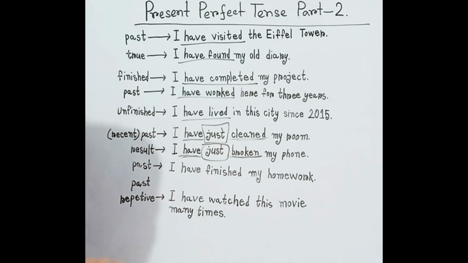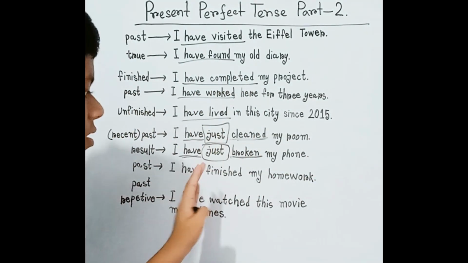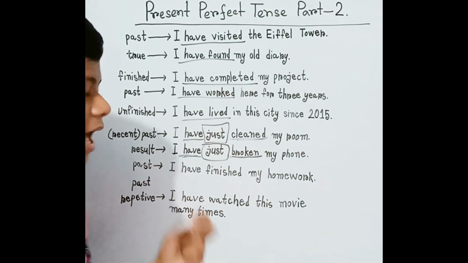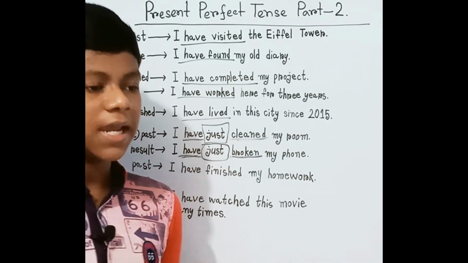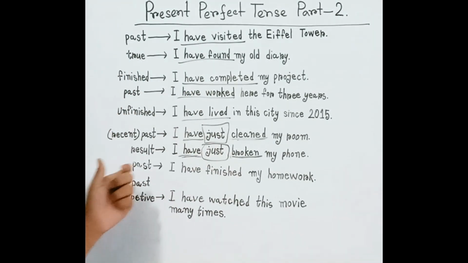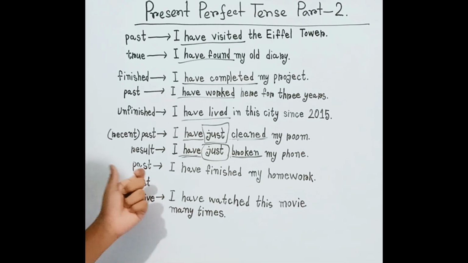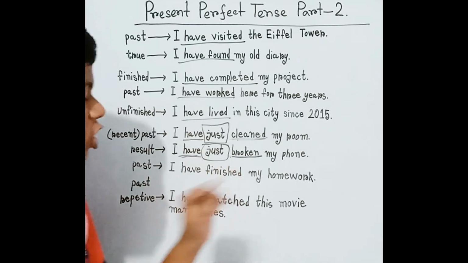Okay, the next is, I have finished my homework. So here, sometimes the present perfect tense is used with finished time. Some task has been finished, you have already finished it. So if we indicate the finished situation, it also indicates the past. So let's see, I have finished my homework.